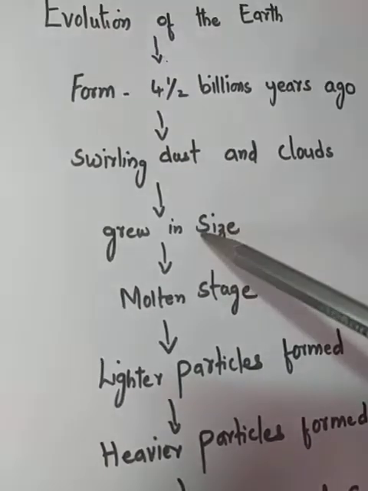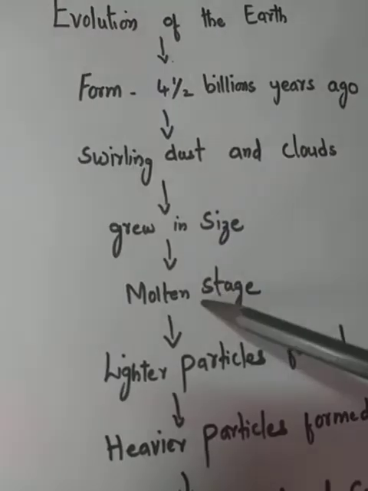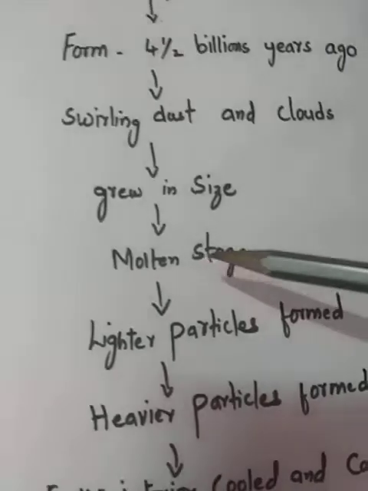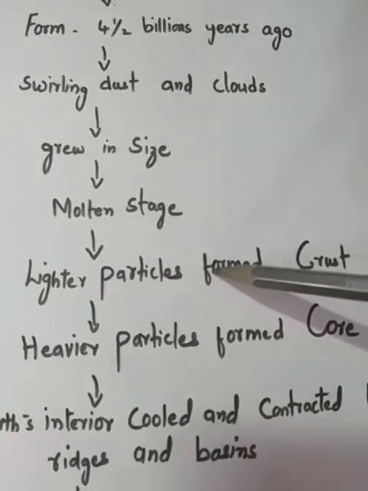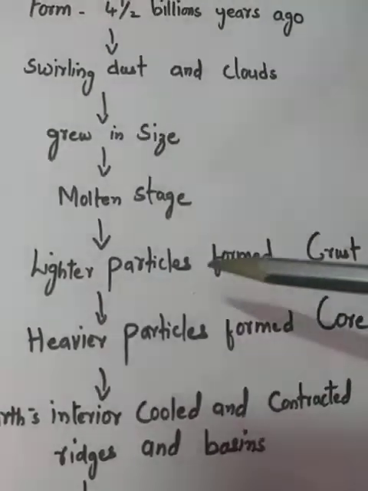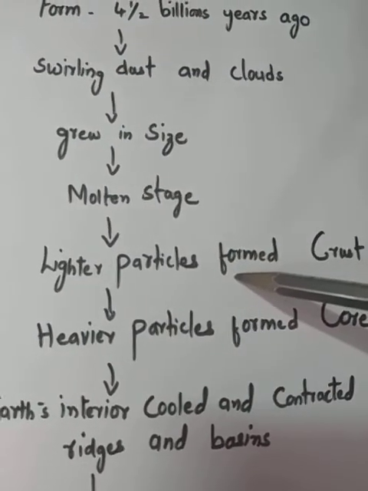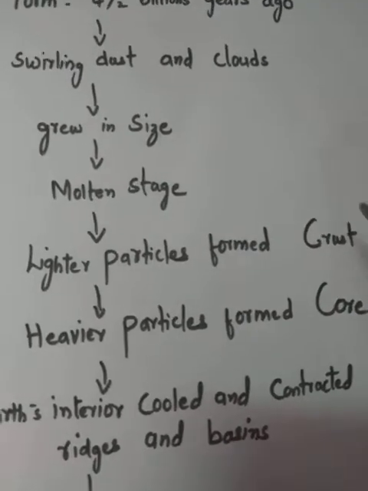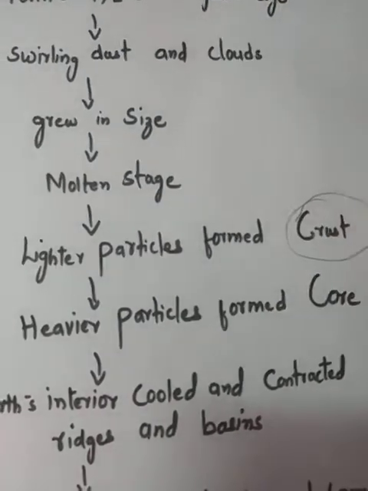After that, it was very hot. The Earth was very hot and in a molten stage. See, after that, the lighter particles of the Earth cooled at the top and formed a layer of crust.